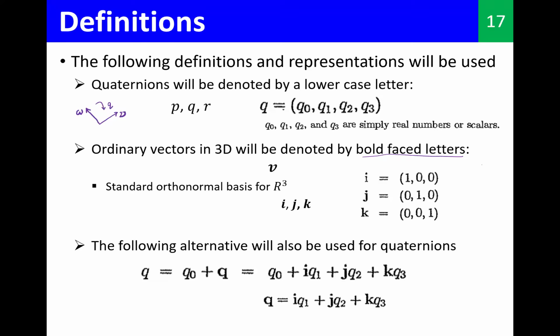And this is an alternative we can use to represent a quaternion. As I said, we can have these four numbers like this, or else we can divide the quaternion into two parts. There is a scalar part, q naught, and we have a vector part, upright q.